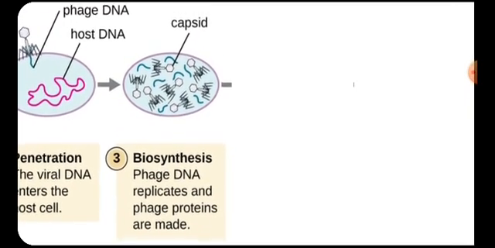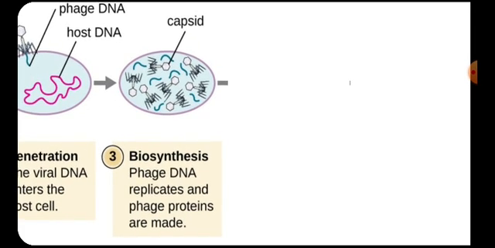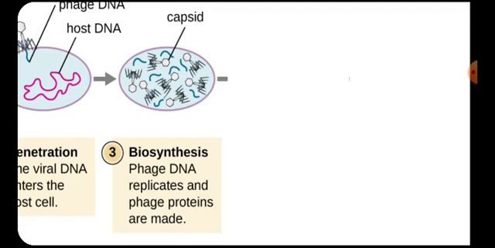So in this picture you can see the biosynthesis part. It involves replication of DNA, transcription and translation, which leads to the synthesis of phage proteins. Then the next step is assembly.